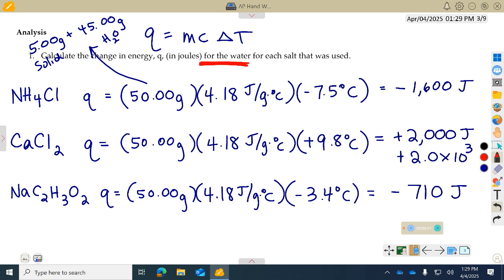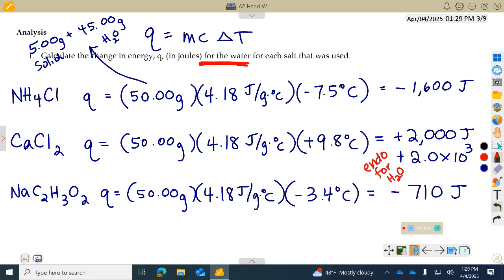So when the water temperature went up in the middle, it must have meant that dissolving the calcium chloride released heat. It's endothermic for the water. It caused the water temperature to go up.